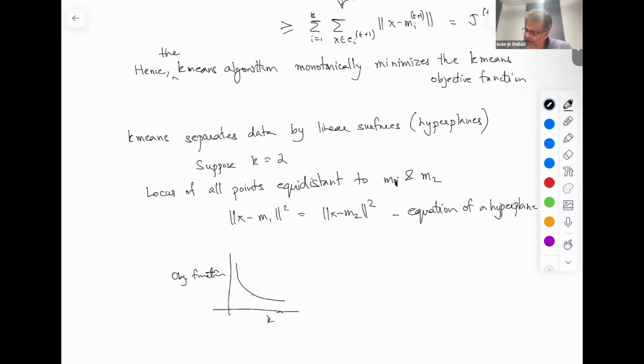And many times people say you should choose k to be somewhere around here, which is also called the knee of the curve. But in practice, this is very hard to get to work. So typically, people will either know what k they are looking for, or they'll use some arbitrary k. And then remember, you can always hierarchically divide things, right? So you can get a tree by doing partitions repeatedly.